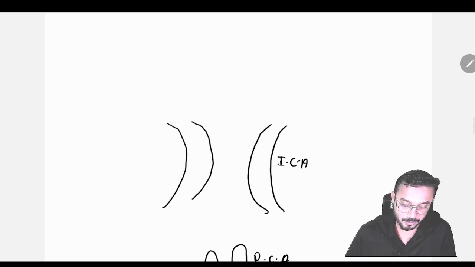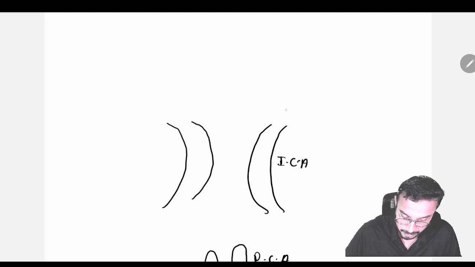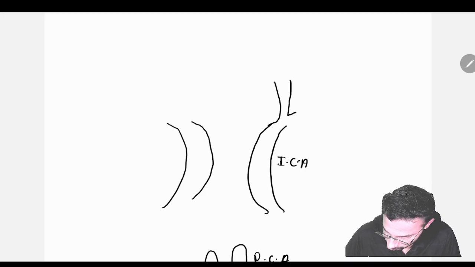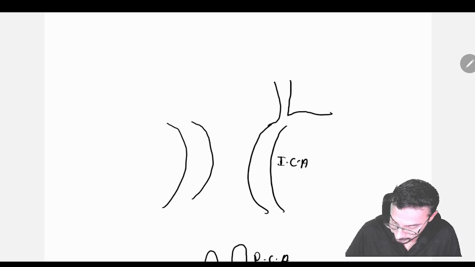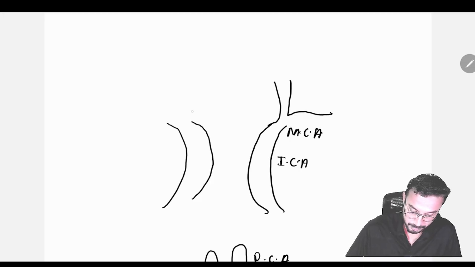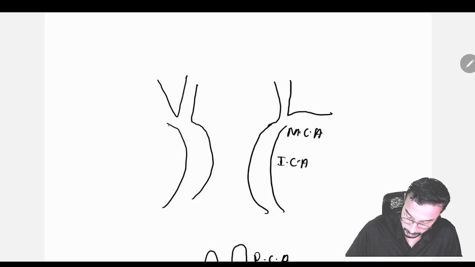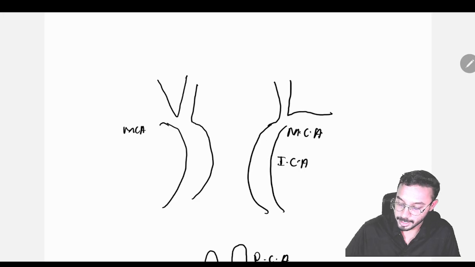and one of its branches is here. This is the MCA, middle cerebral artery, and this is also the MCA, right and left MCA, and this is the anterior communicating artery.